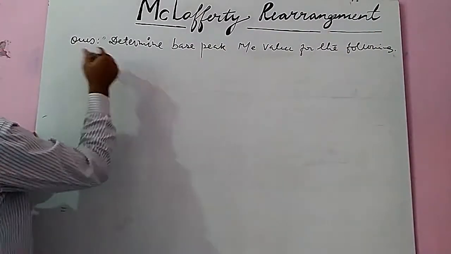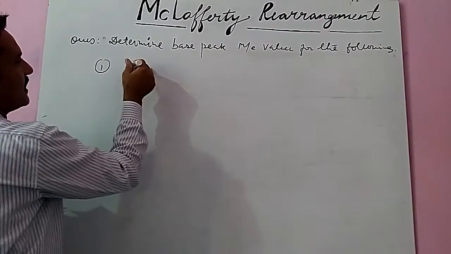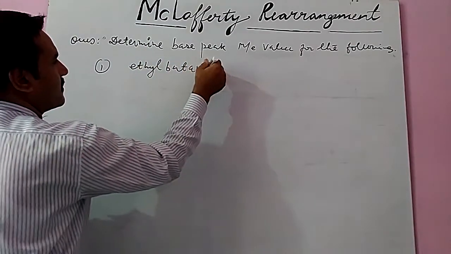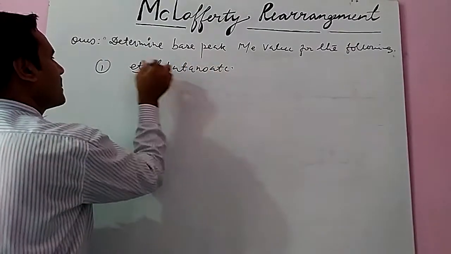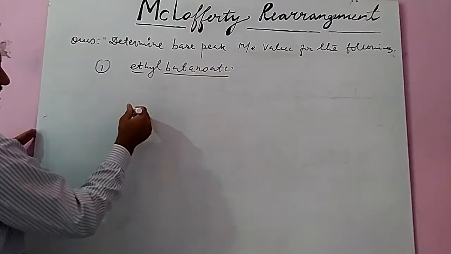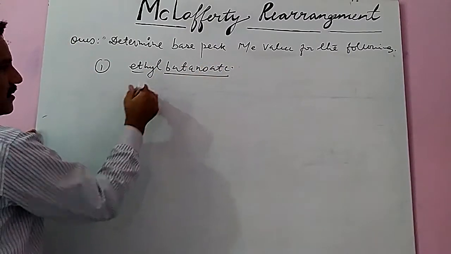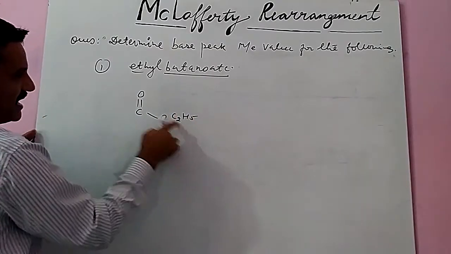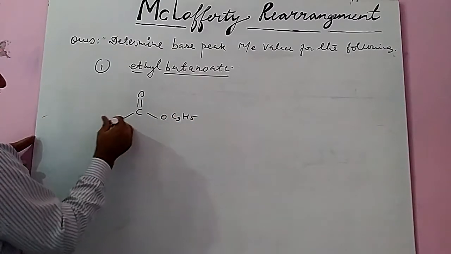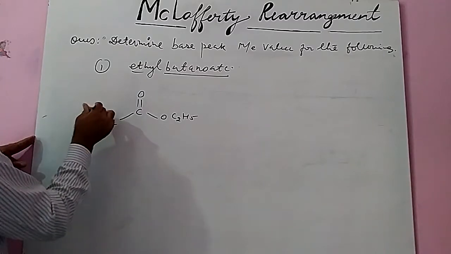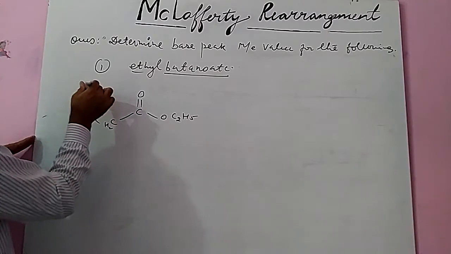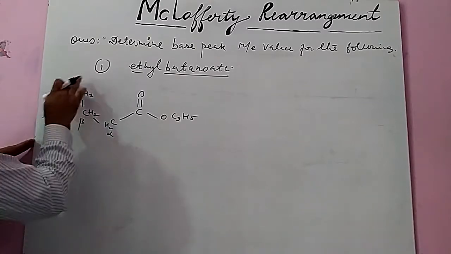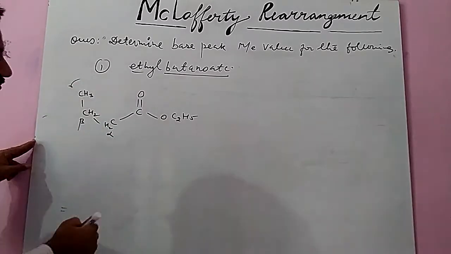First, I will take the example of ethyl butanoate. Ethyl butanoate. This is the carbonyl group. Here is O(C2H5), the ethyl system, then the butanoate part CH2, CH2 and CH3. Check it, this is the alpha position, beta position, and this is the gamma position.